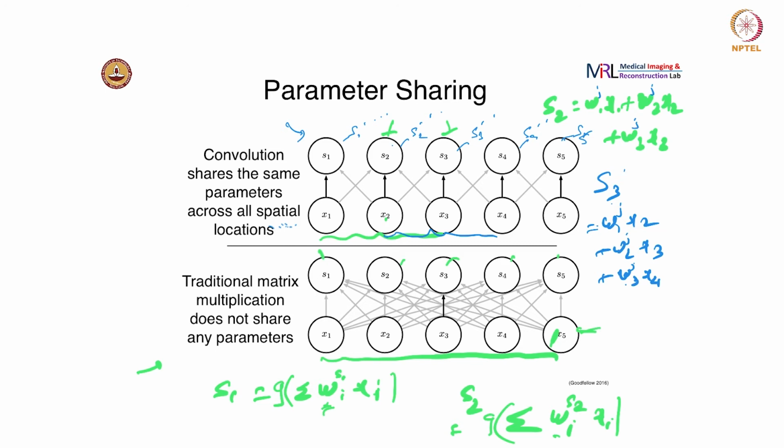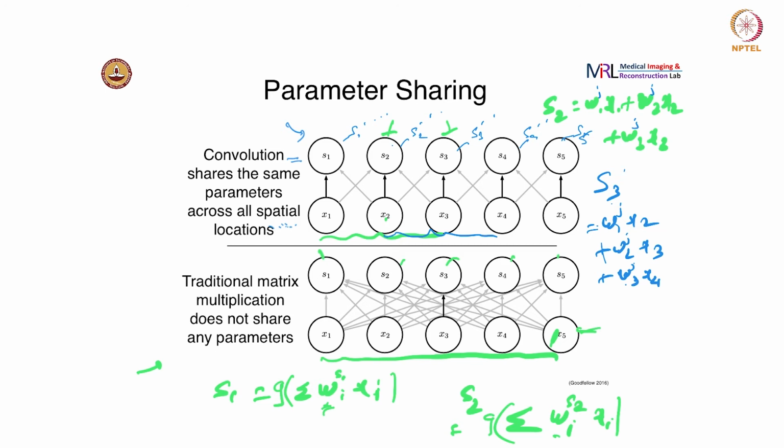How does this help? If you are using a fully connected neural network, this is 5 cross 5, so you need 25 weights to produce one set of outputs. But in this case, we just needed 3 weights to get an entire new hidden layer with 5 hidden units.